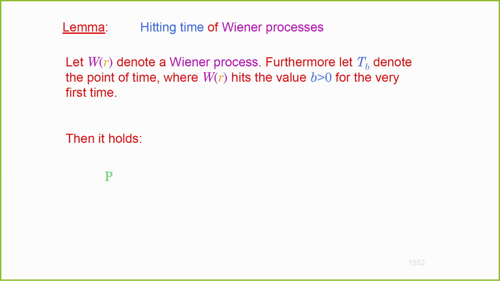So then it holds, and I'm going to make that statement now, that the probability that the hitting time exceeds some value, which is going to be a current point of time, so it's going to come after that, is going to be identical to, I'm not sure if you're familiar with that expression, 2 times the cumulative distribution function of the Wiener process at point B minus 1 times the cumulative distribution function of the reflecting Wiener process.